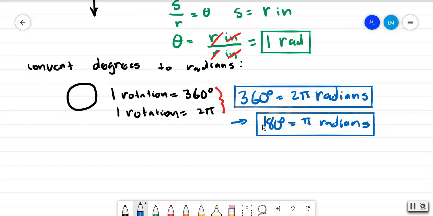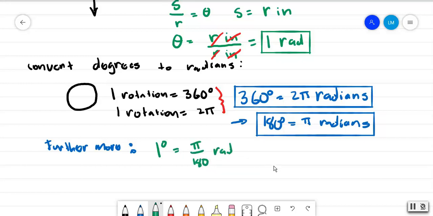Now, what we can then say, furthermore, is that 1 degree is equal to pi over 180 radians. I'm going to just say RAD for radians.